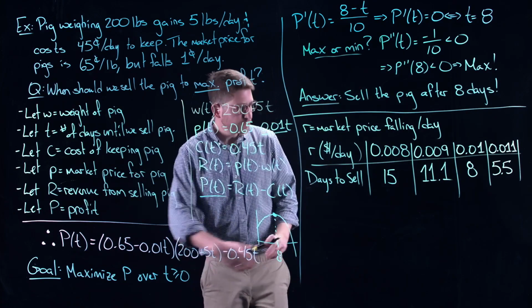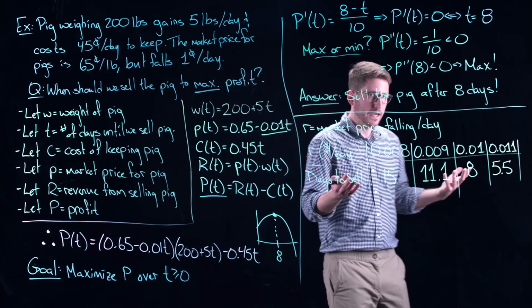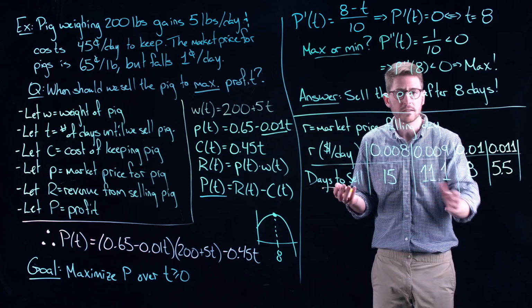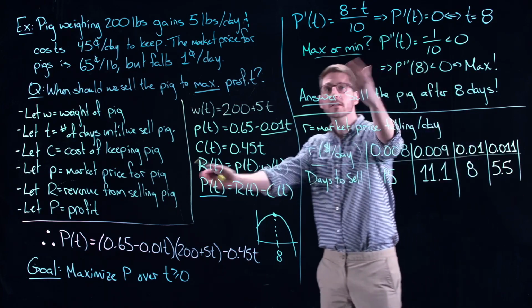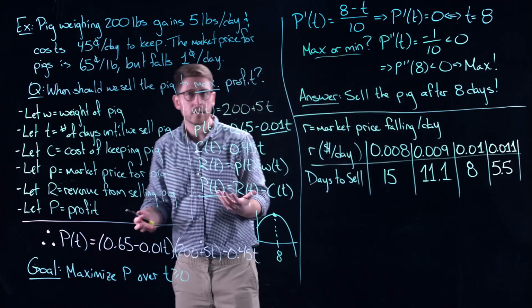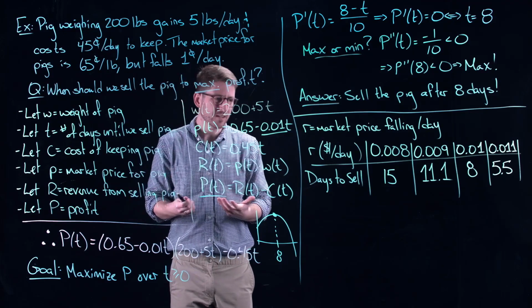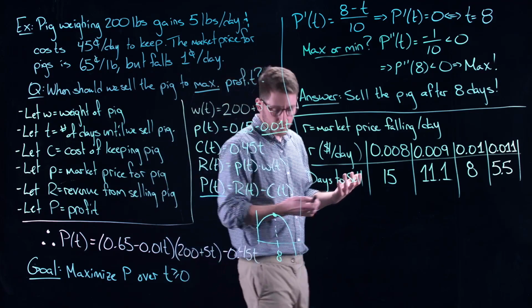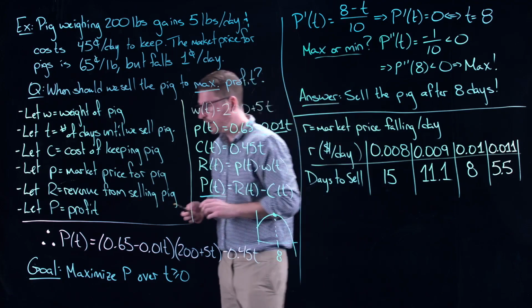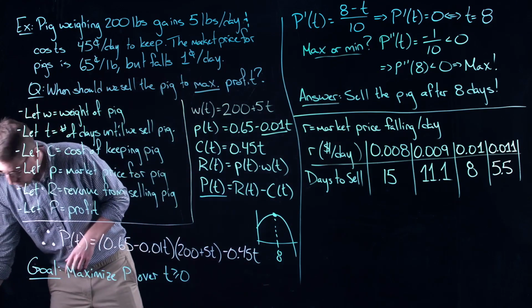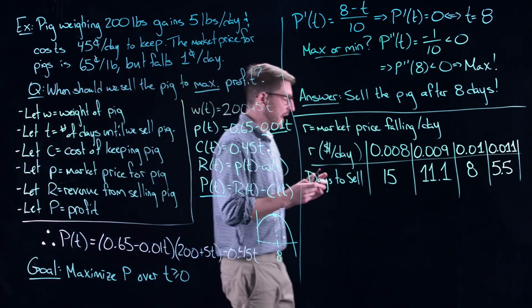Okay, so that's great, right? But the problem is getting all of these answers required me to resolve the problem the whole way. I don't want to have to do that, right? That's a lot of work. So the way that we can actually quantify this is using what's called sensitivity analysis.